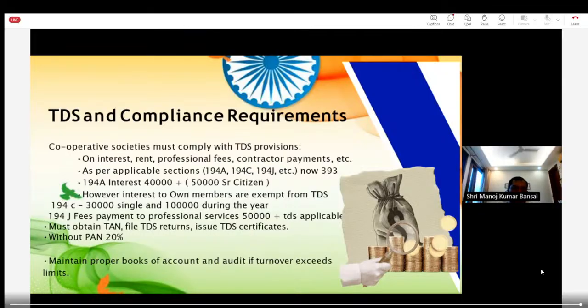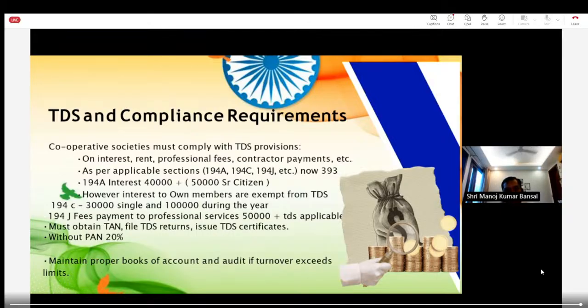So compliances are very much required if a cooperative society is running. TDS compliance is a very big compliance. Income tax needs to file a return after a year, but TDS returns are filed every quarter, and TDS is deposited by the seventh day of the month.